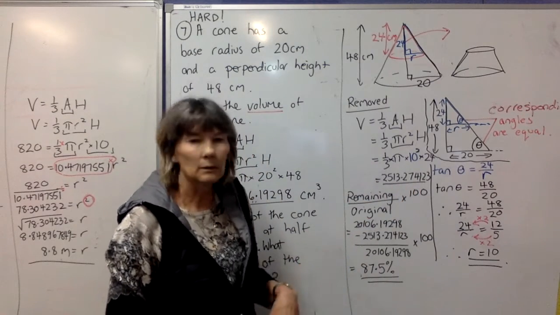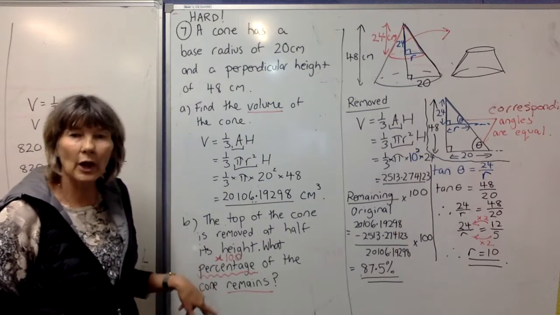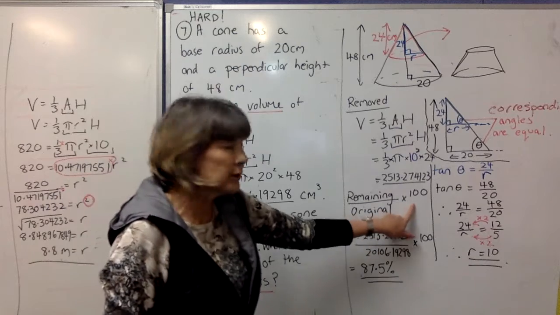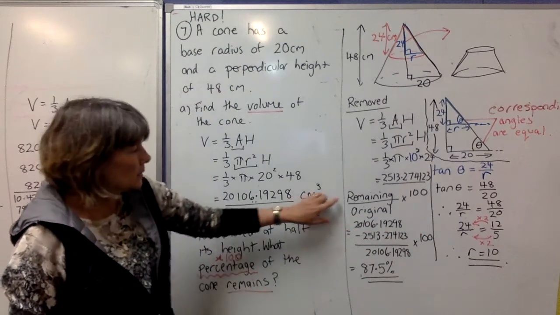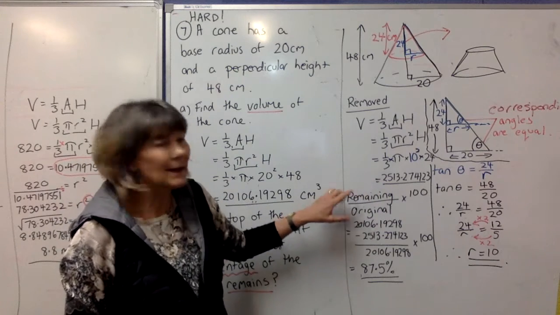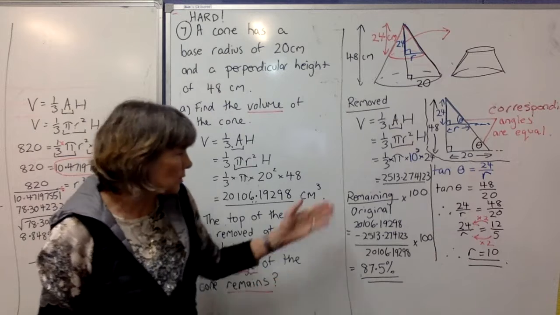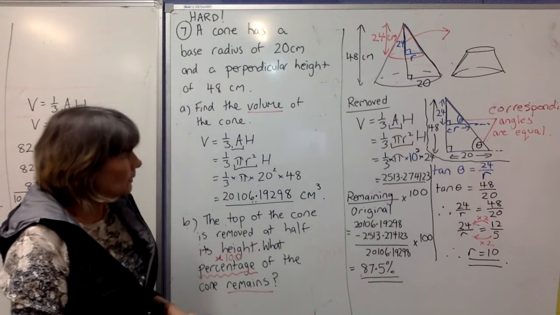Okay? Now, the question itself said, what percentage of the cone remains? To find a percentage, you know you times by 100. And the other important word was remains. So in the beginning fraction here, the remaining bit is what goes to the top. Now, if you don't have any other important words, it's always the original thing on the bottom. So let's have a look.